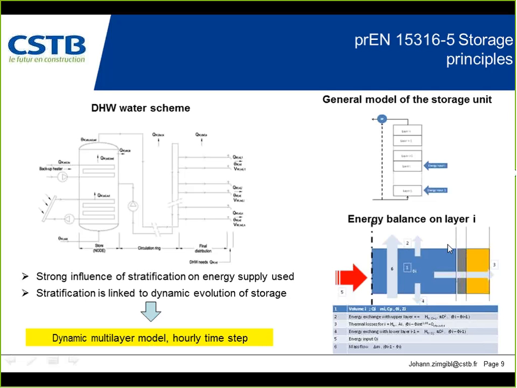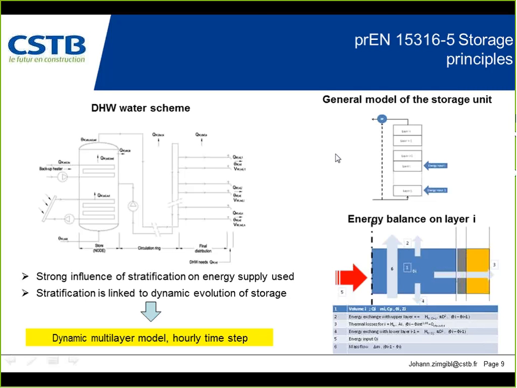Here it is just the principle of the layers. We have 4 layers and the different energy supplies. For example, here is connected one. This could be the backup boiler, or here the thermal solar. So we can connect directly the different supplies at the different layers. Here I don't go into the detail. You see the energy balance for each layer.